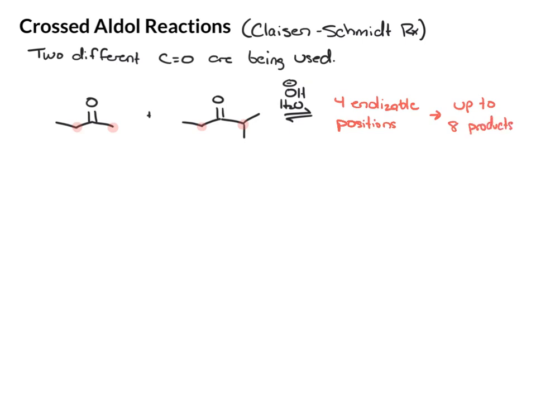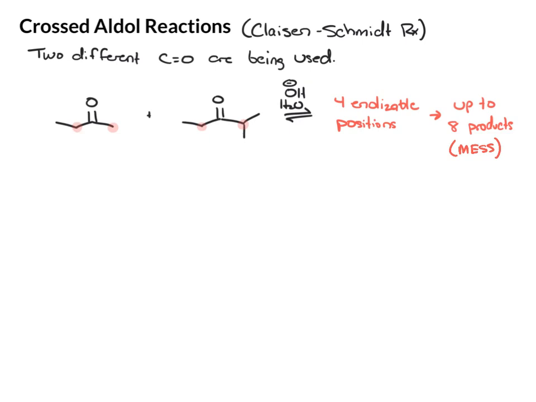Because you can consider the enolate from this position attacking this carbonyl or attacking itself. The enolate from this position attacking this carbonyl or attacking another molecule of itself. So this ends up being a complete mess. So crossed Aldol reactions like this are really completely useless. But we want to think about some ways we could actually make this reaction useful.